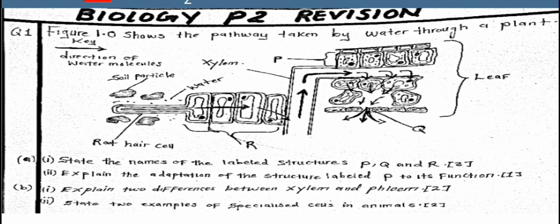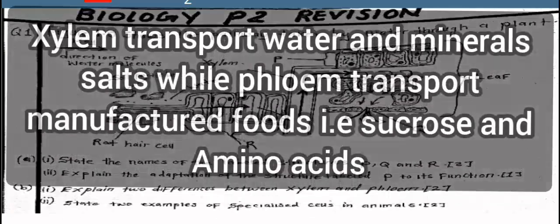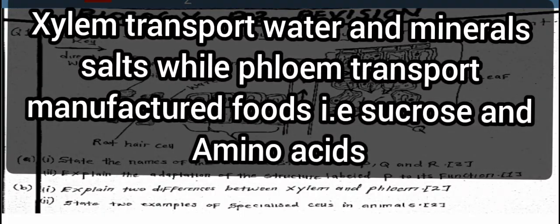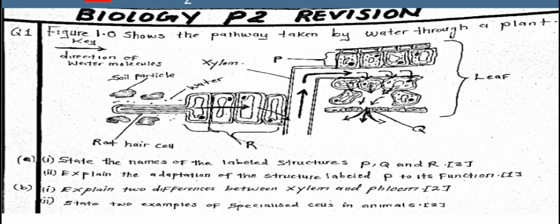So we are going to say the xylem transports water and mineral salts, while phloem transports manufactured foods, that is sucrose and amino acids. So that is the first difference.